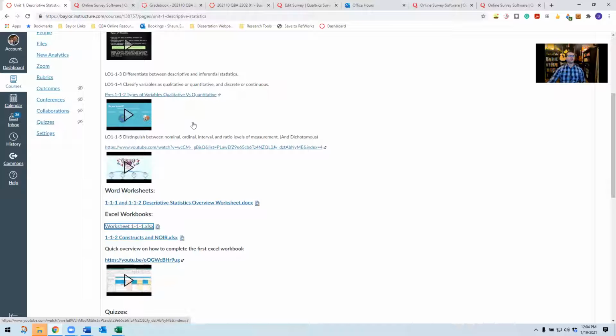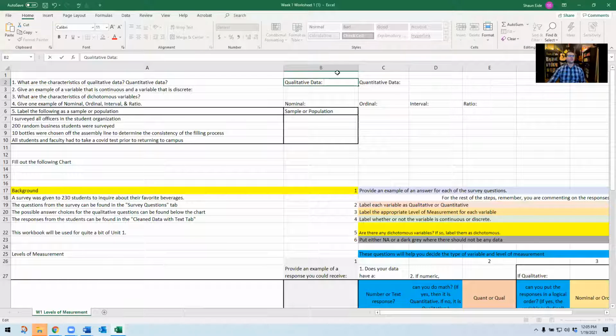This is qualitative versus quantitative, and this is nominal, ordinal, interval, ratio. They go through the characteristics of each, and this gives you an opportunity to take some notes, so you know this is what I'm looking for.